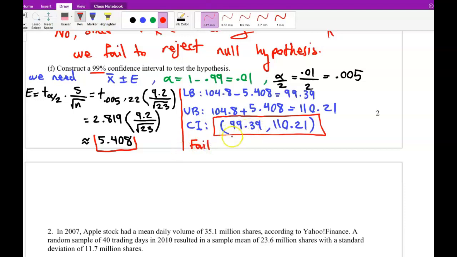So from part F, we conclude that we fail to reject since the mean equal to 100, the null hypothesis, is in this confidence interval.